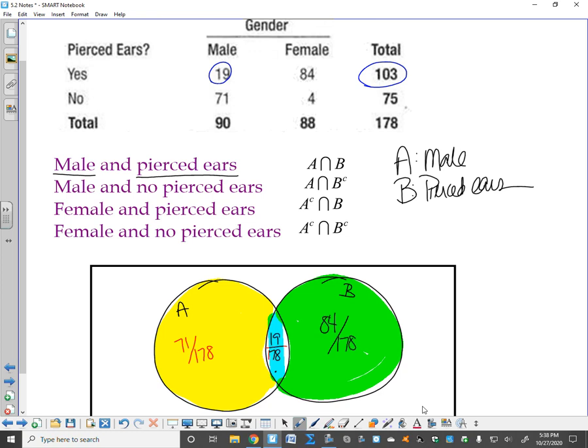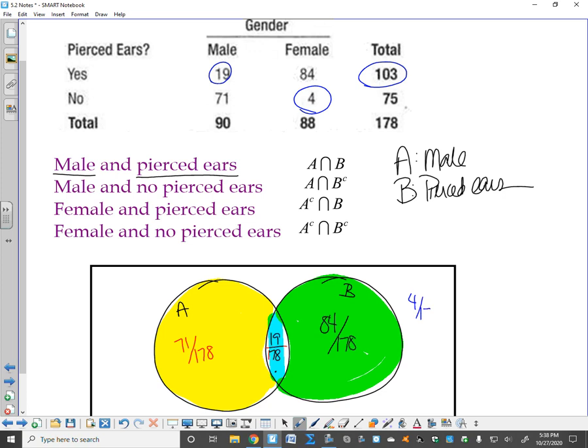So I've got some females in the green. I've got all my pierced in the B bubble. All my males are in the yellow bubble. So the only number that's left who is an outcast, an outsider of being male and being pierced, are those 4 people right there.